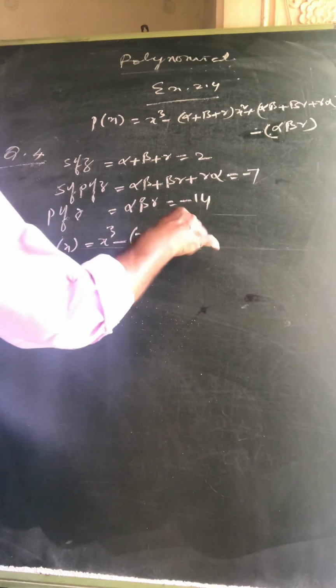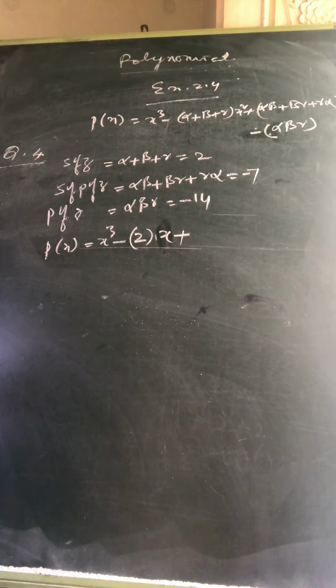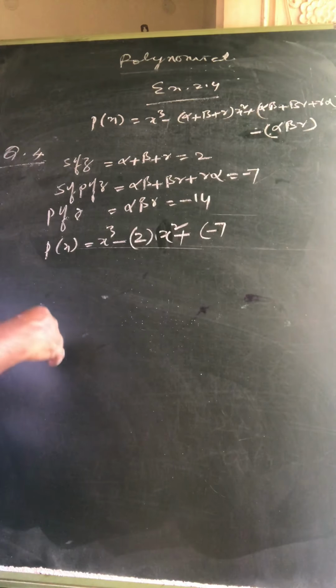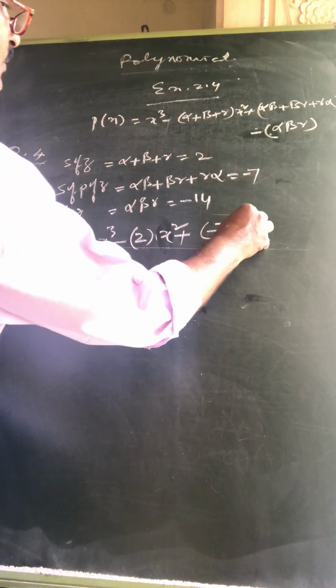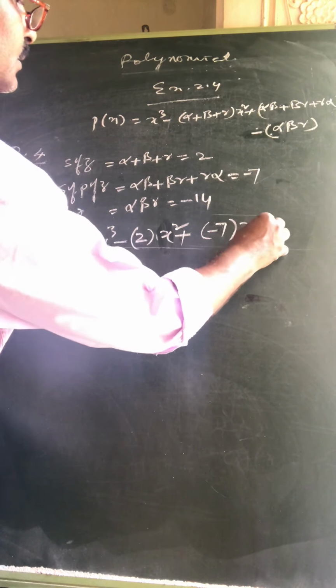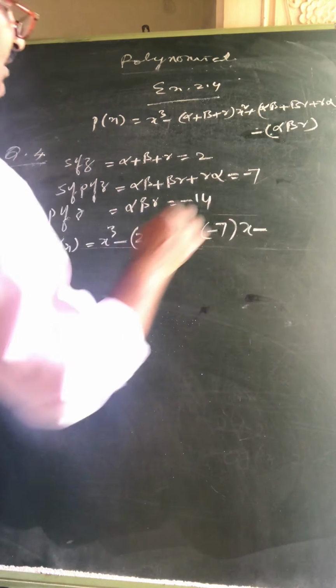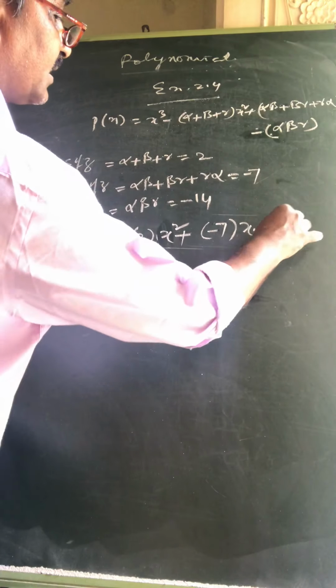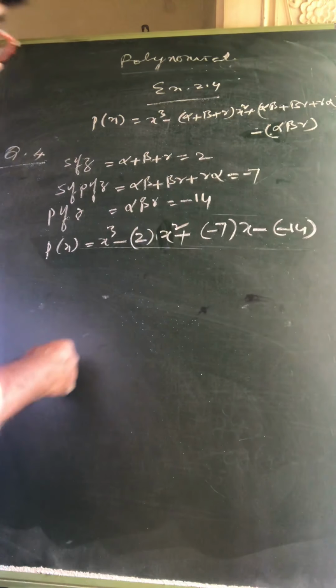Now plus the sum of the product of zeros taken two at a time, alpha beta plus beta gamma plus gamma alpha, is equal to minus 7, times x, and minus the product of the zeros, alpha beta gamma, that is minus of minus 14.